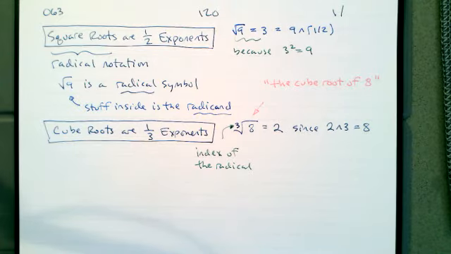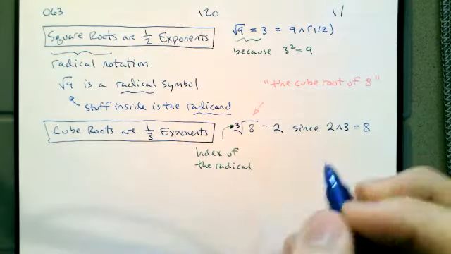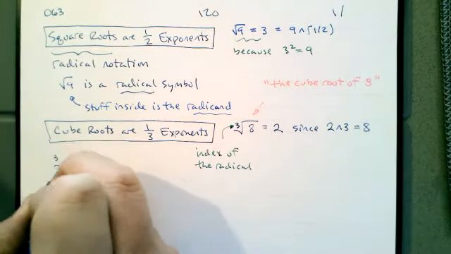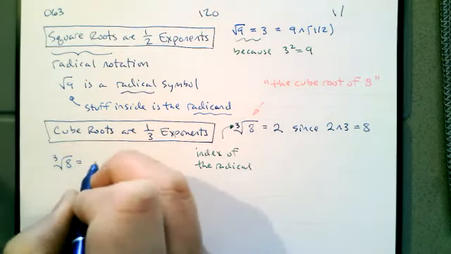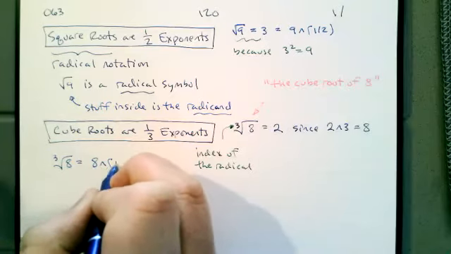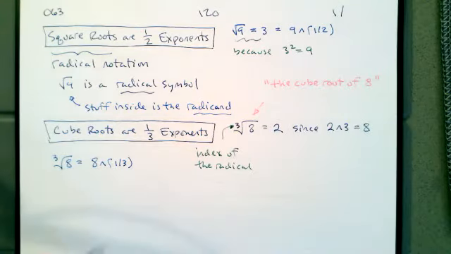But cube roots are also 1/3 exponents. So we could also write this same information as: the cube root of 8 is equal to 8 to the 1/3 power, which is 2.